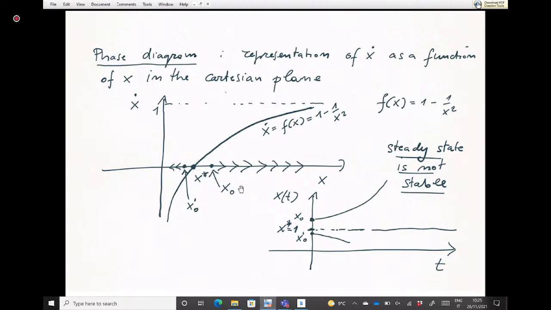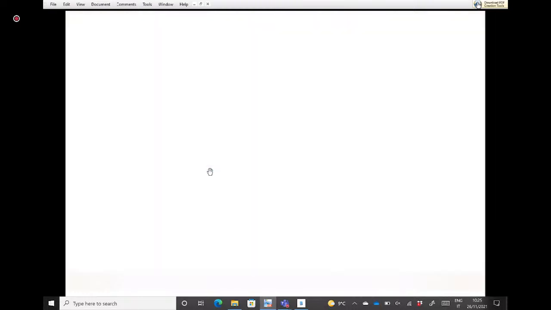So we only check this set of positive values of x. We are not interested in negative values, also because at 0 it doesn't exist. So we want a kind of open interval where our differential equation is valid, which is x larger than 0. Okay, this is unstable.